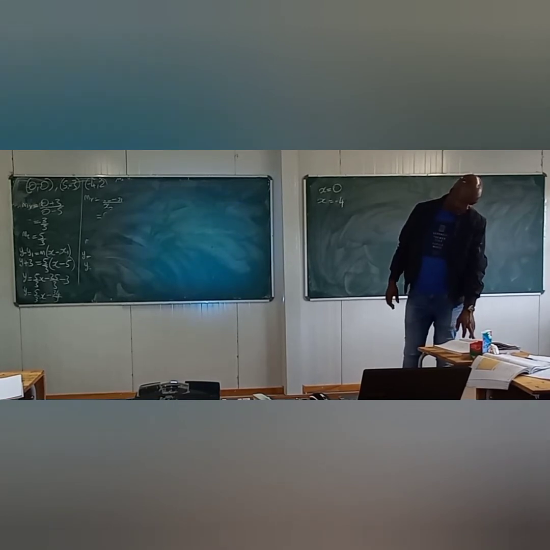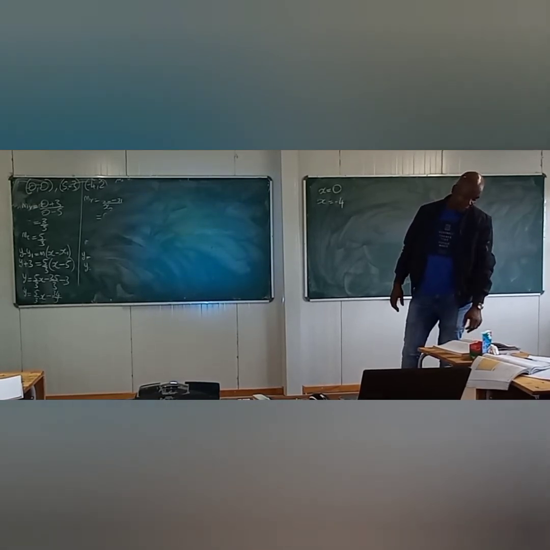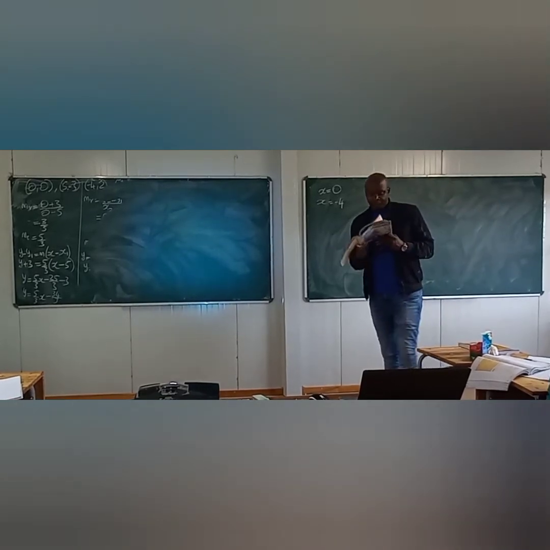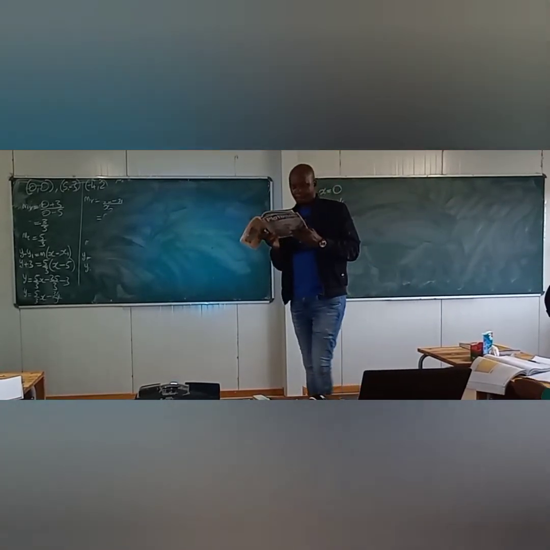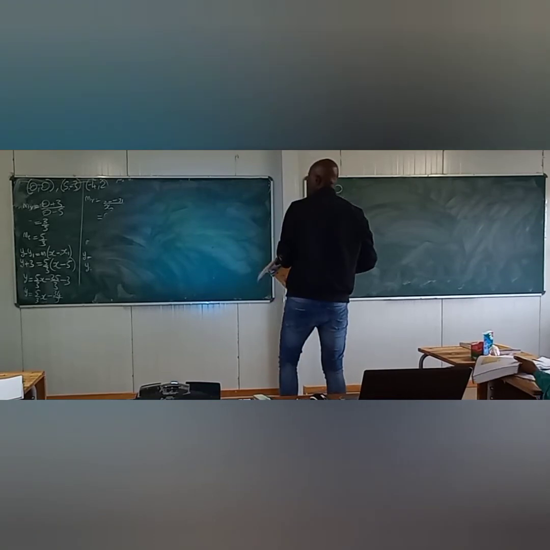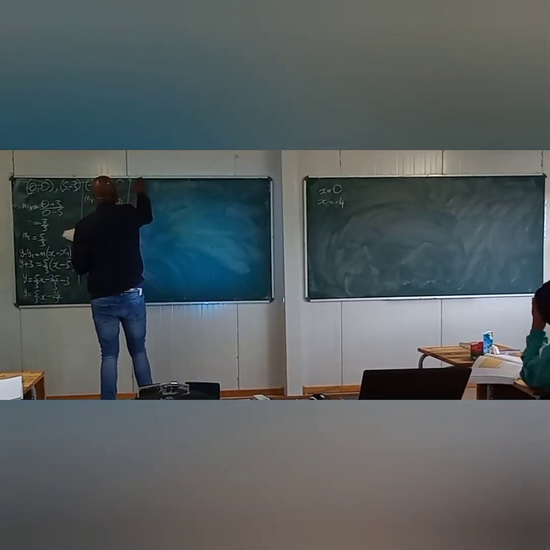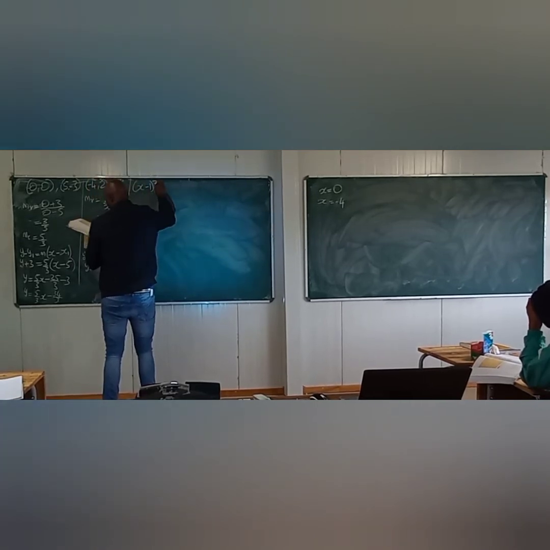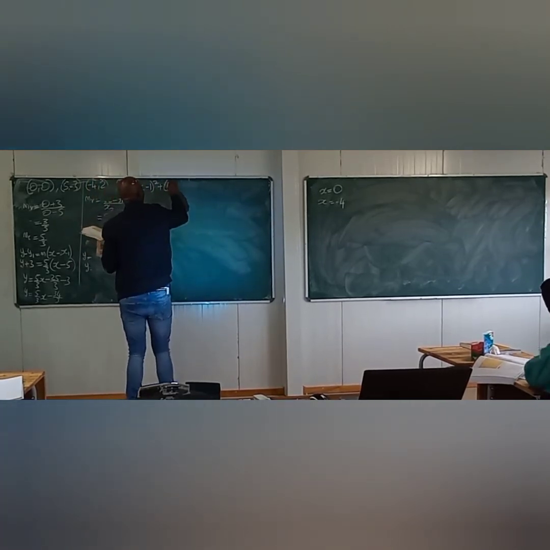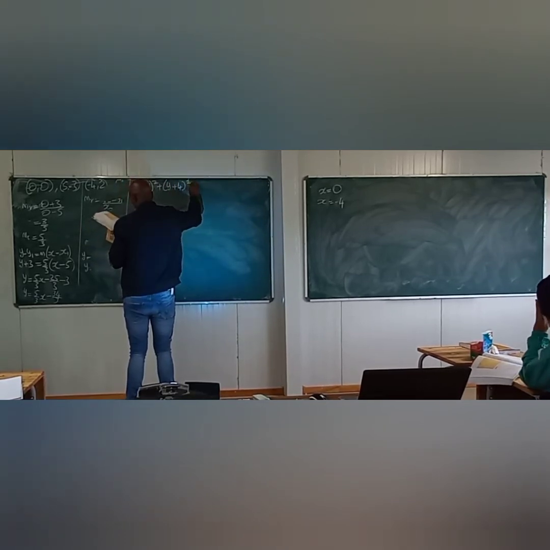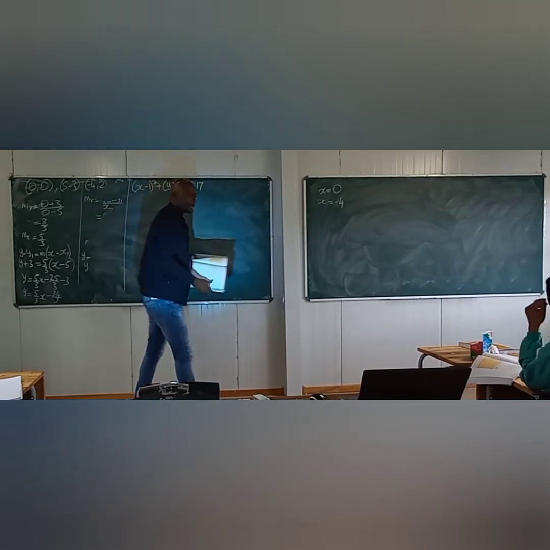Right. Now, question 2.4. Check 2.4. Let's write it. x minus 1 squared plus y plus 4 squared equals 17.